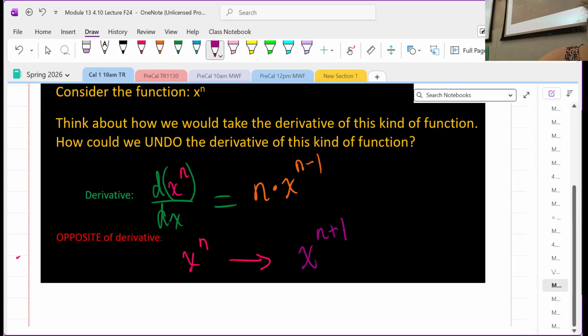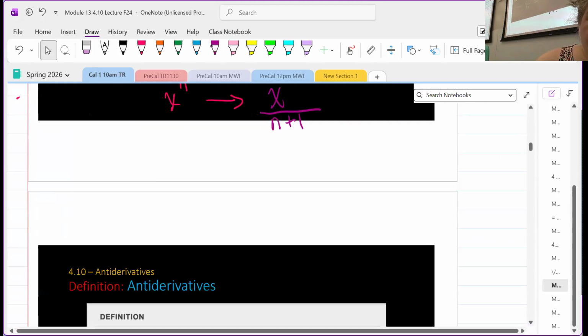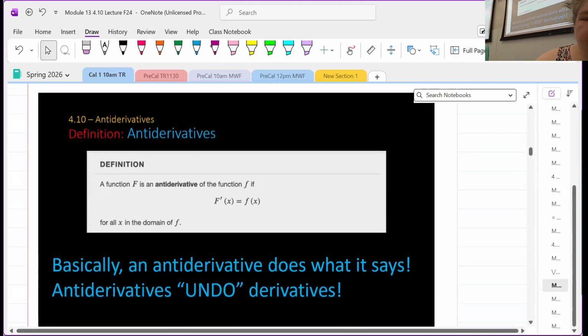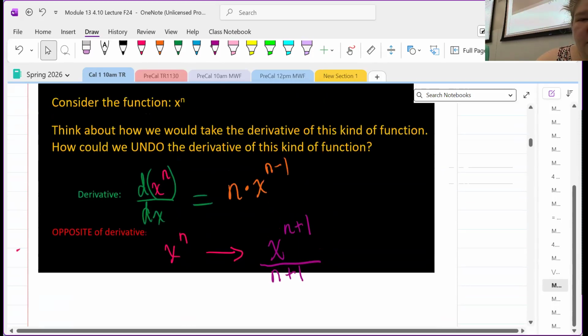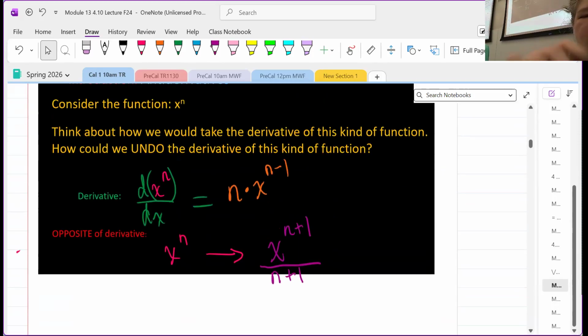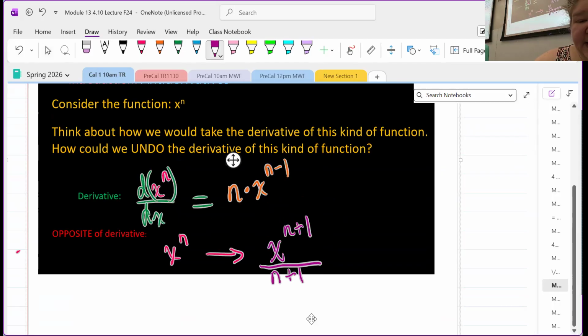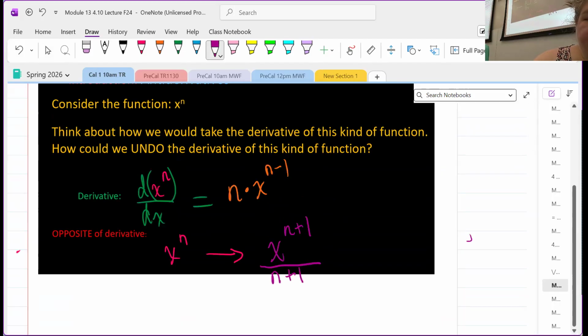So I add 1 first and then divide by what I just added, like that result. So this is the antiderivative of the power rule.